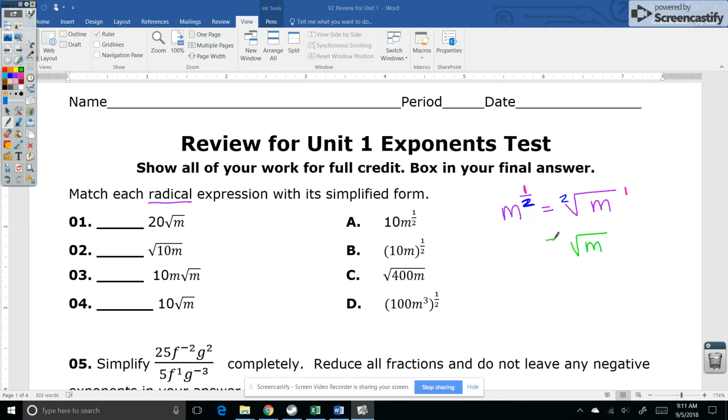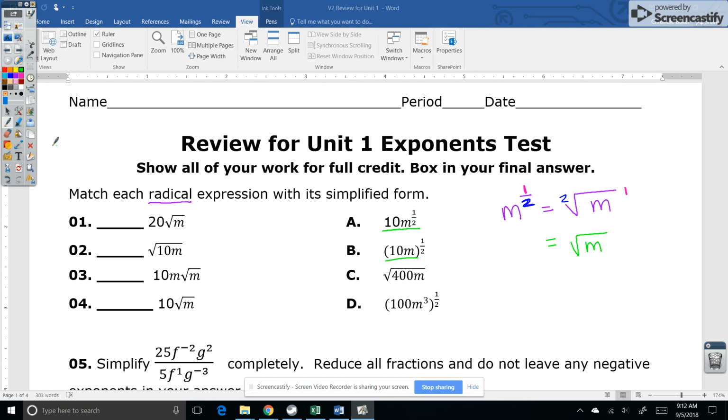So these two things are equivalent right here. If there's no index, if there's no little number sitting on top of the radical, I assume it's a 2. If there's no exponent, I assume it's a 1. So applying this concept over here, 10m to the 1/2 and the quantity 10m to the 1/2.